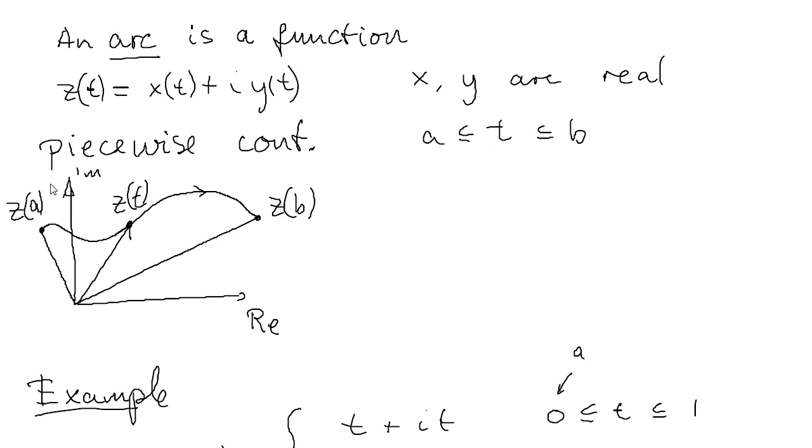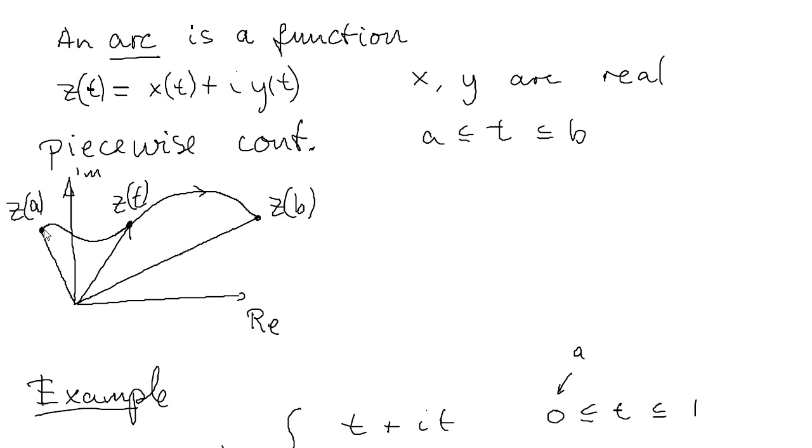You can think of this as some particle which is positioned at point z of t at time t. So when t is equal to a, we are at the starting point of the curve, in this case, an arc.